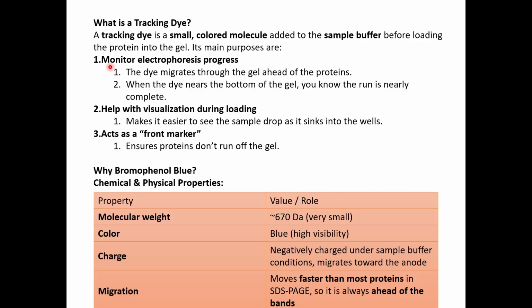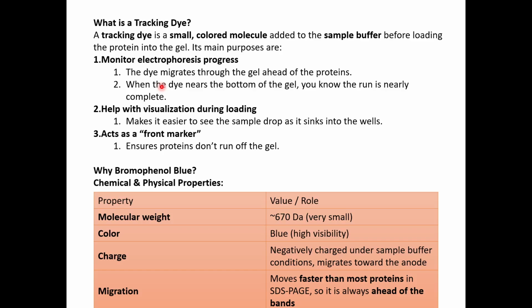For monitoring the electrophoresis progress, the dye migrates through the gel ahead of the proteins. Since it is a small molecule, it will run forward ahead of most of the proteins present in your sample. When the dye is nearing the bottom of the gel, you know that your run is completed.